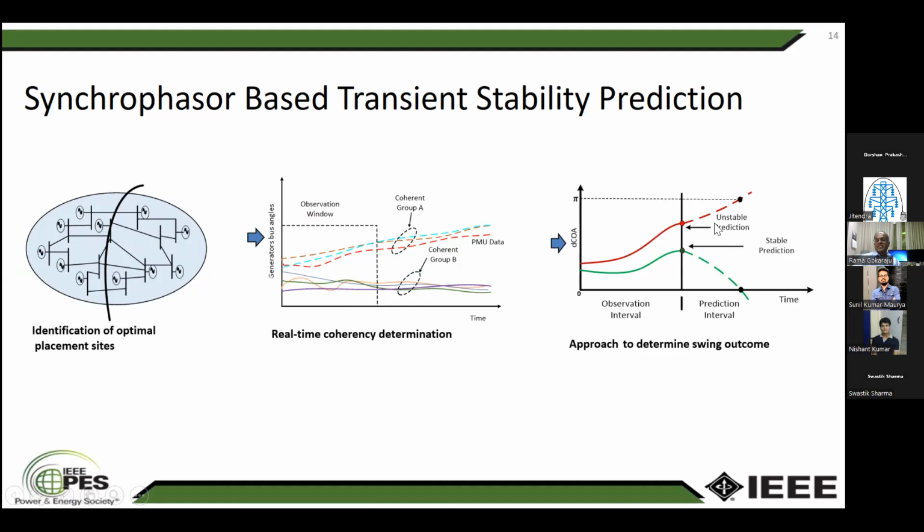If the angle increases and becomes pi, 180 degrees, then the prediction says that it is going to be unstable. And if we can predict in advance, we can then implement the SIPS schemes, or the remedial action schemes.